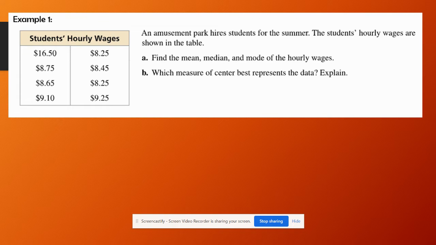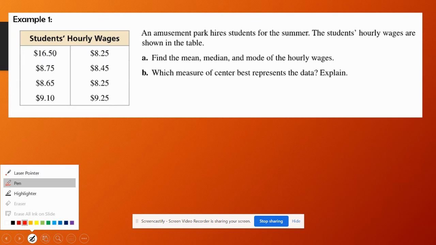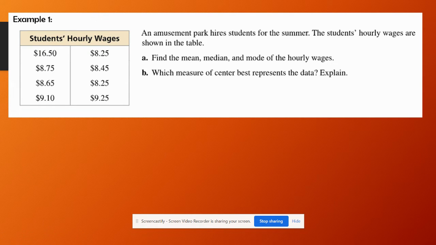All right. So we have this first example of hourly wages. When I'm doing these, the first thing that I like to do is to write my data in order from smallest to largest.